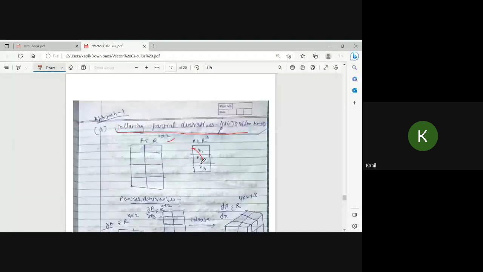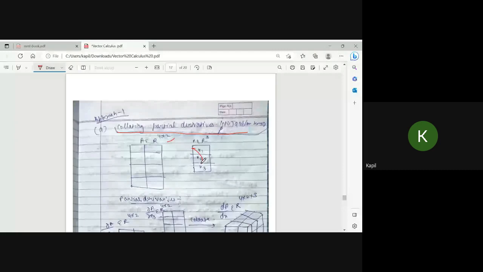So in this approach number 1, collating partial derivatives, because our x is 3-dimensional, we have to find the partial derivatives with respect to each x: del A by del x1, del A by del x2, del A by del x3. Here we find del A by del x1, which comes out to be a 4 into 2 matrix.